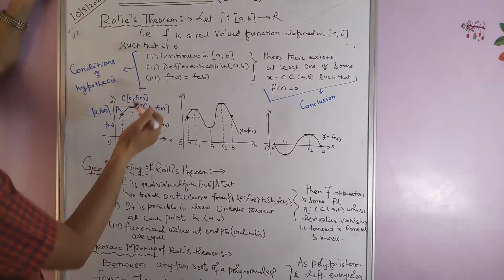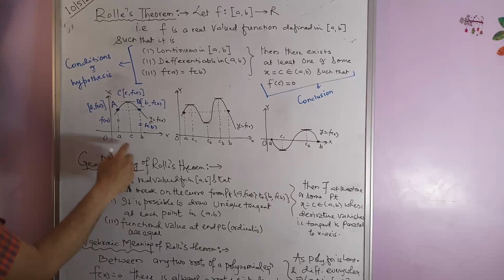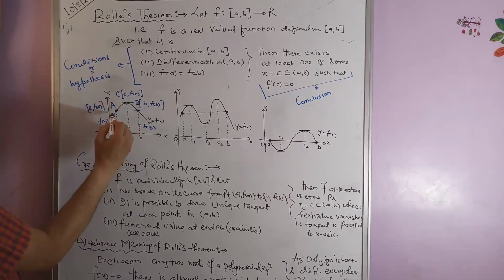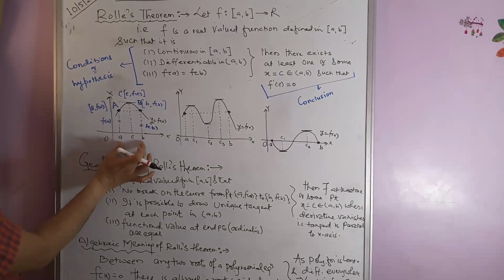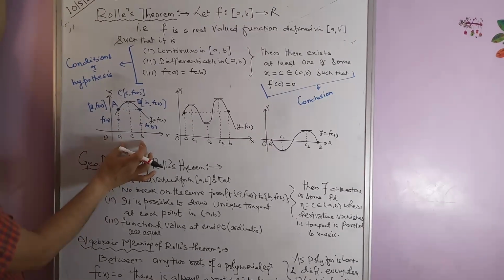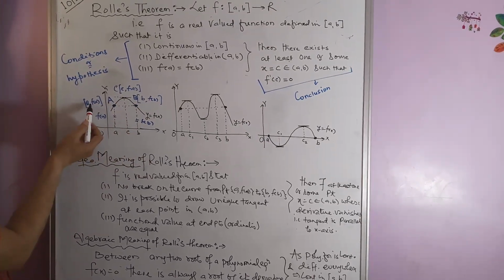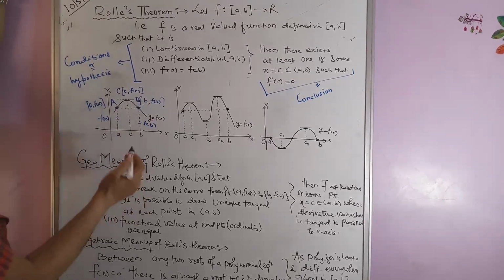We explain it by different graphs. Here is the graph of the function y equal to f(x), and we take the interval a to b, and the corresponding points on the curve are point A having coordinates (a, f(a)), and point B with coordinates (b, f(b)).